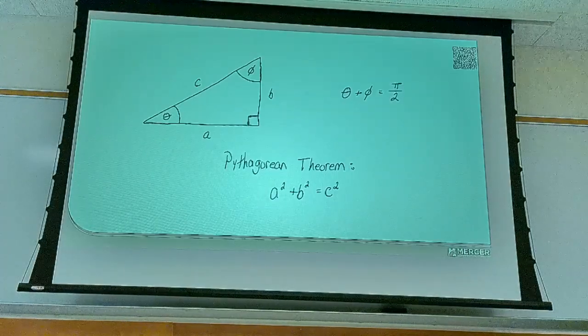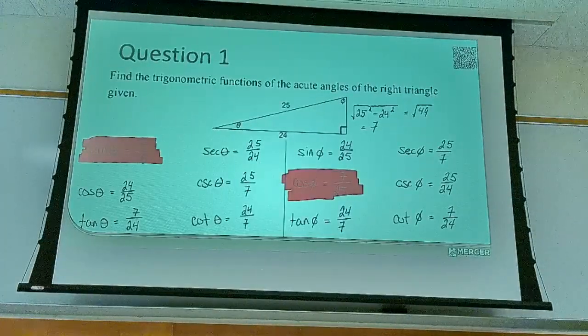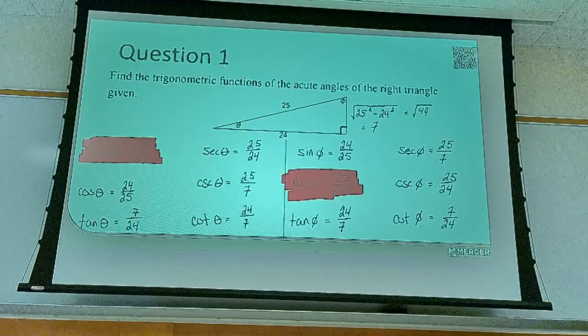They sum up to 90 degrees, because the sum of all the angles in the triangle is 180. With the right triangle, you already have a 90-degree angle. Phi is pi over 2 minus theta. So you can see the co-function identities in action here.